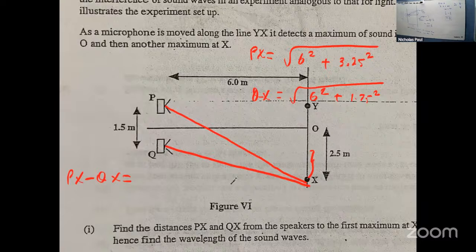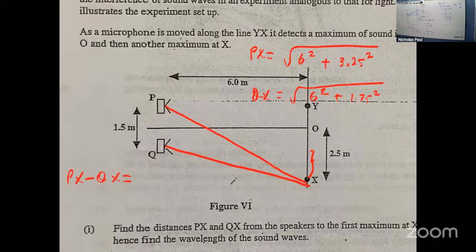Right, Katrina got 6.82. Anybody else? What did you get for PX minus QX?